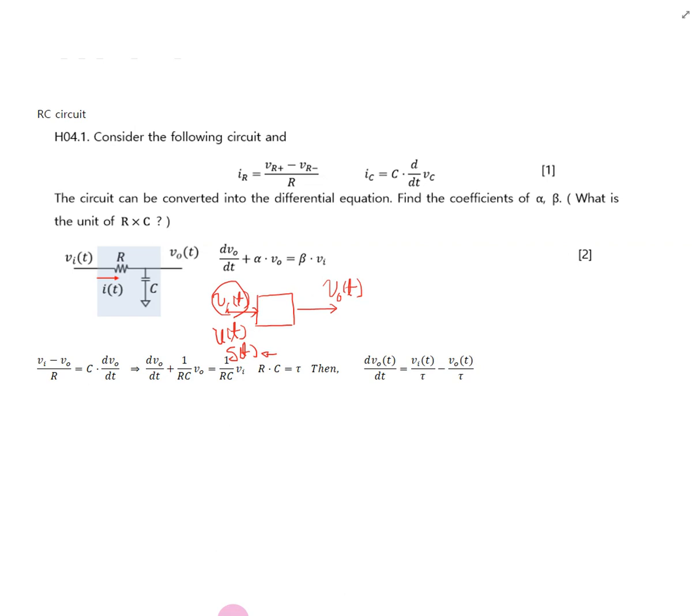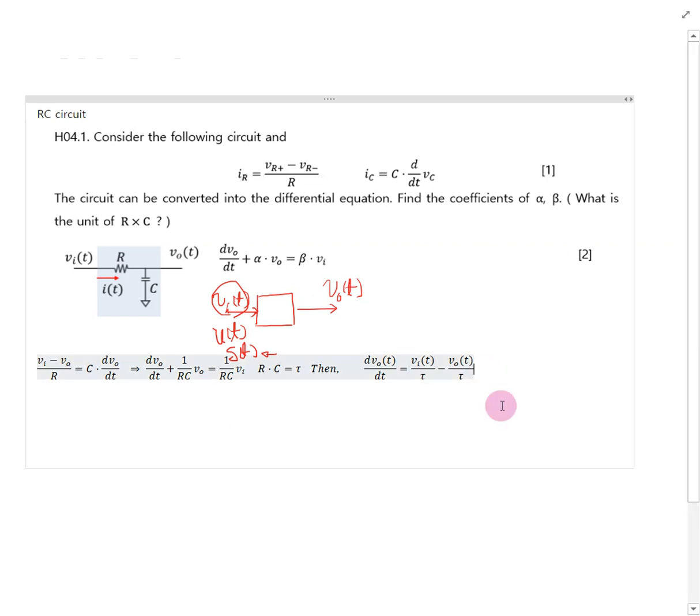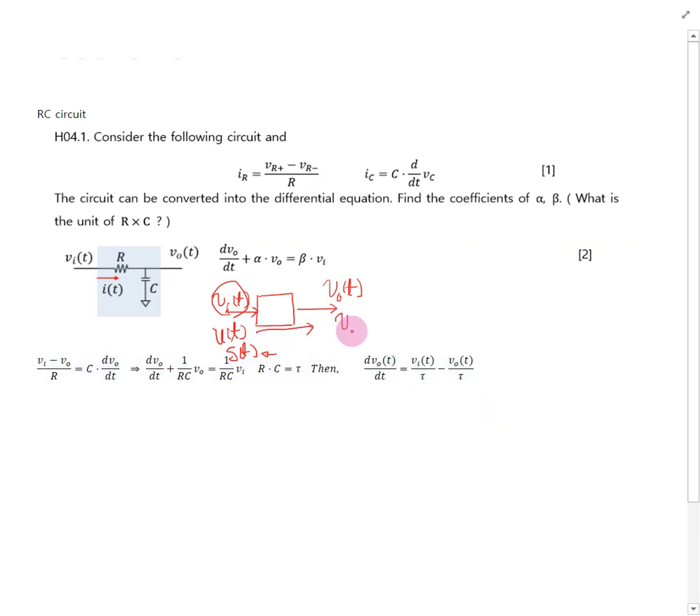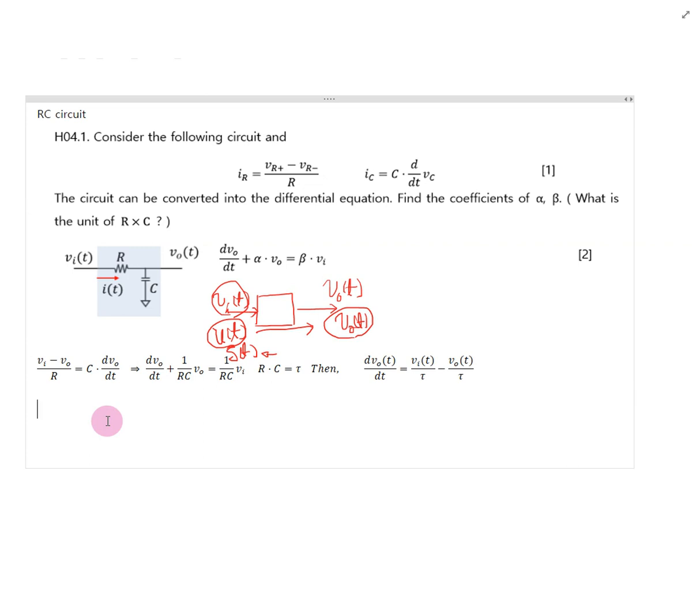So I would like to rewrite this. If the input is a unit step, then we can figure out the step response of the output. We can safely assume that all the signals are 0 if t is less than 0, meaning every event occurs after t is positive. So at t equals 0, Vi(t) is 0 and Vo(t) is 0.